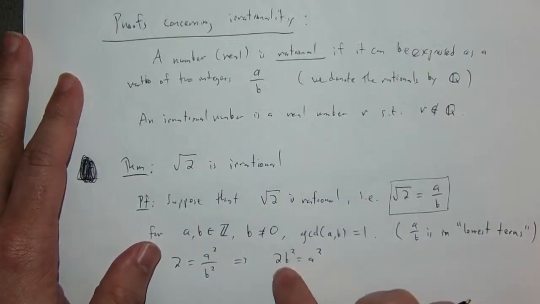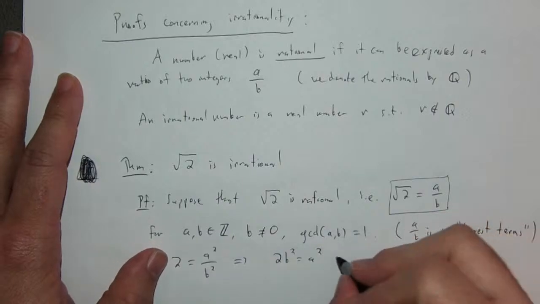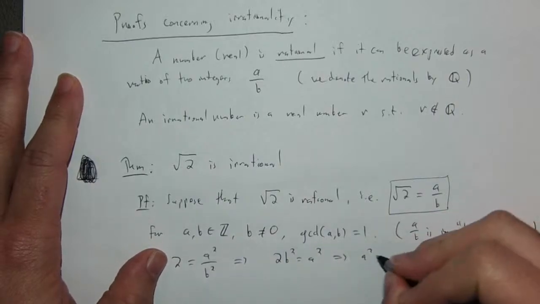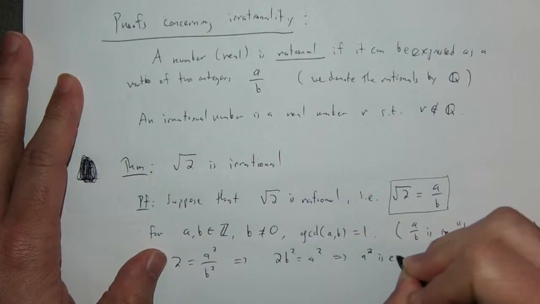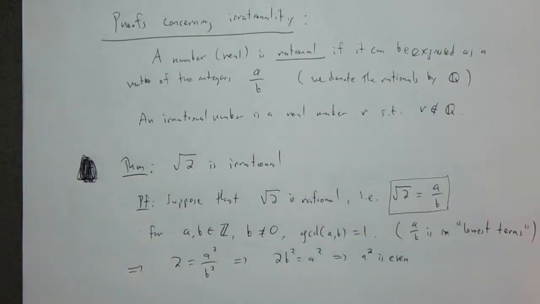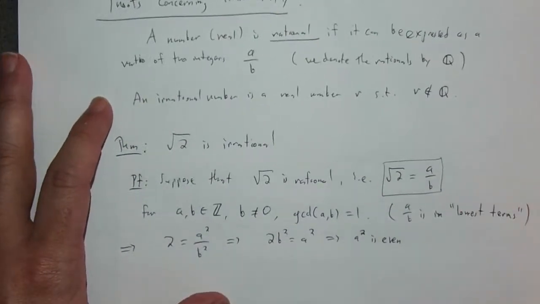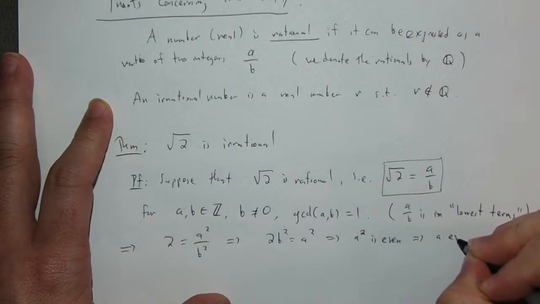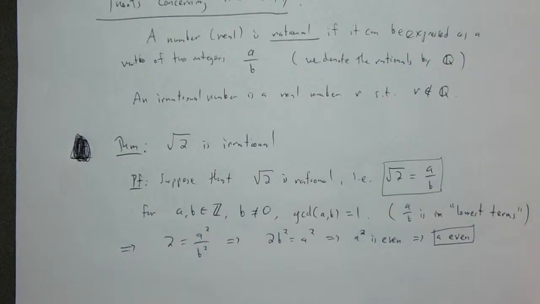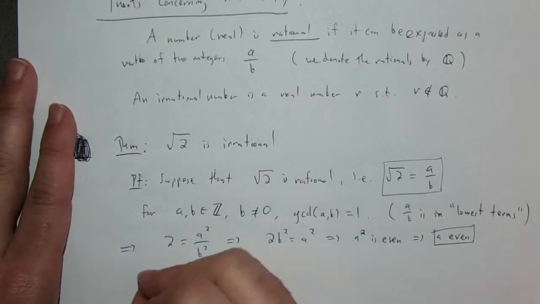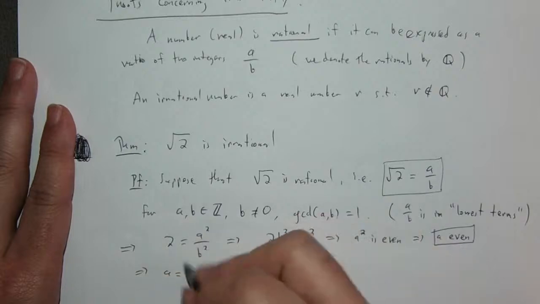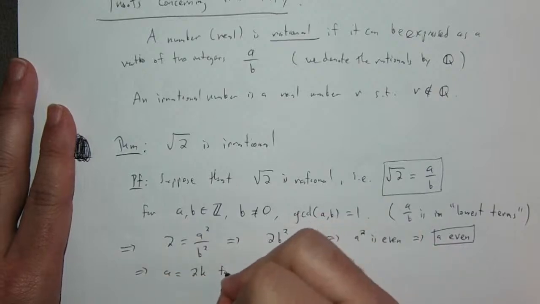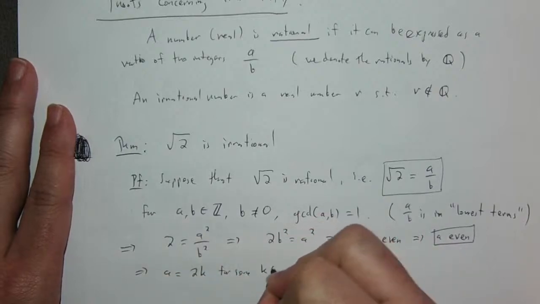So a squared is even. This is also one of the really early things you prove in a proof course. If a squared is even, that means that a has to be even. But if a is even, that means that a is equal to, say, 2k for some k that's an integer.